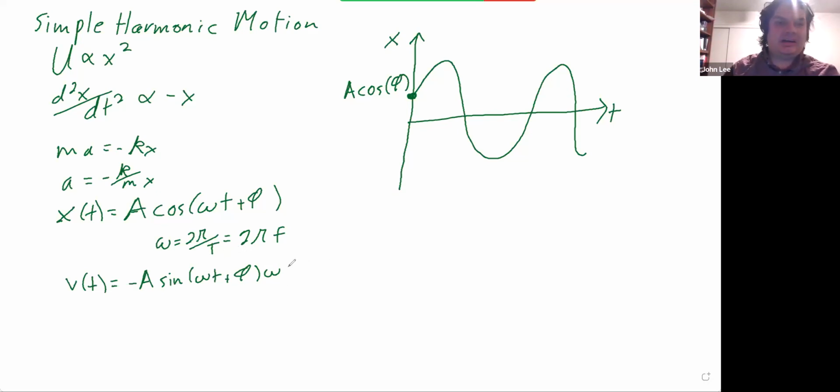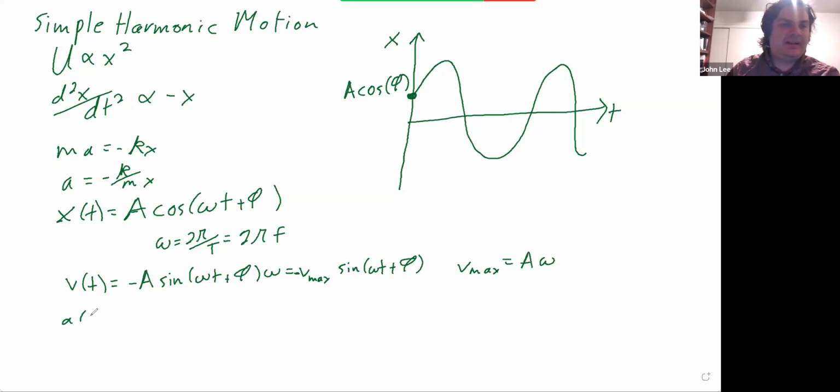And this amplitude tells us the maximum value of x of t, because A times cosine omega t can never be higher than A. So this also gives us our Vmax: v of t is negative Vmax sine of omega t plus phi, because, like the cosine, sine has a maximum value of 1, so the maximum velocity is equal to A times omega.